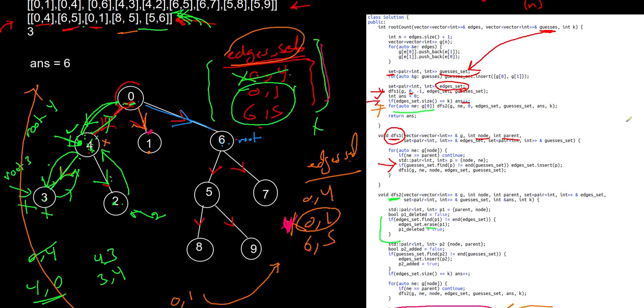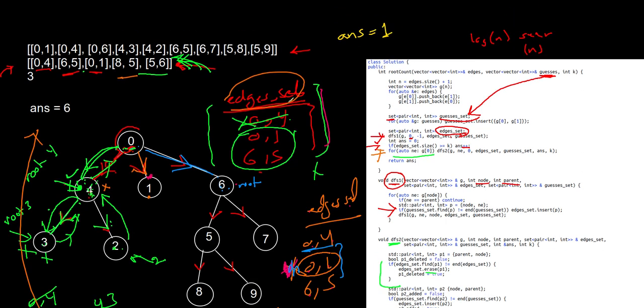Let's see. 6 0 is not there, and our set, we said it has 3 items: 0 4, 0 1, 6 5. So 6 is part of the solution, so we increase the answer by 1, so it's 2.